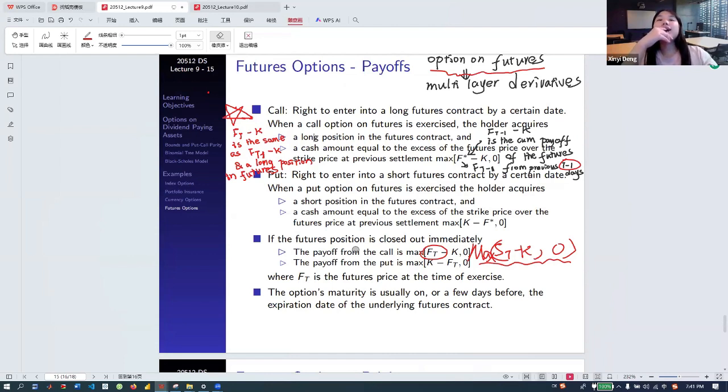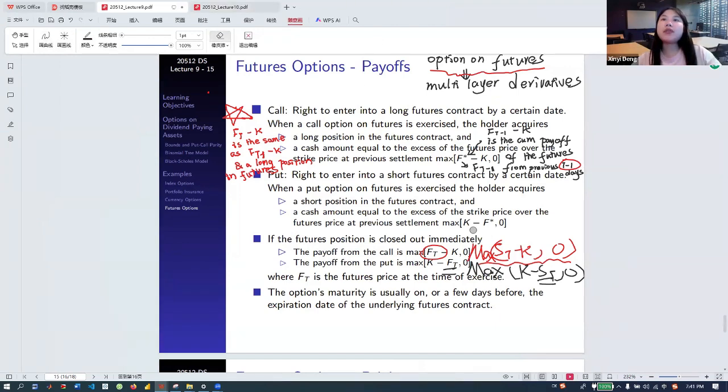If you go with cash settlement only, where you receive cash only and close out by entering into the opposite direction, the payoff will be the maximum of K minus F_T or 0. Recall that for regular put options, that's the maximum of K minus S_T or 0. Therefore, we're just replacing S_T with F_T.